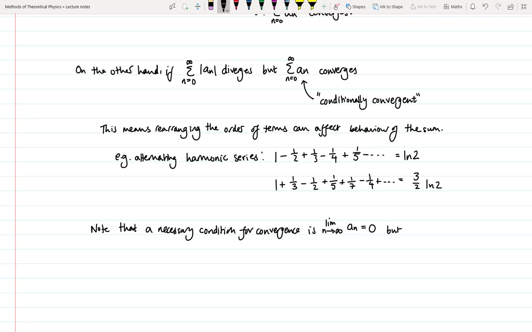But this condition alone is not sufficient for convergence. And as an example, the harmonic series, which is given by the sum from n equals 1 to infinity of 1 over n, in other words 1 plus a half plus a third, etc. So even though these terms do indeed approach 0 as n approaches infinity, the harmonic series diverges.